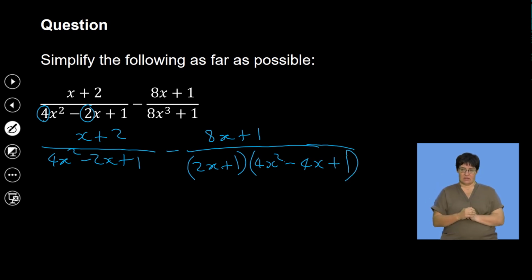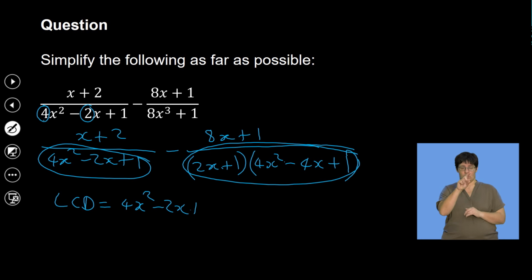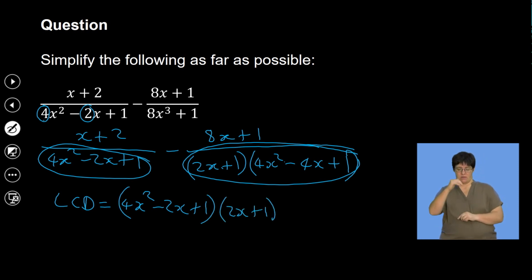And then you can take out your LCM from there, or LCD, which will be the whole thing that I have here, right? So let me quickly write it for you. LCD will then be 4x squared minus 2x plus 1 into 2x plus 1 into 4x squared minus 4x plus 1. But this is one of those rare cases where the denominator cannot be factorized, right?